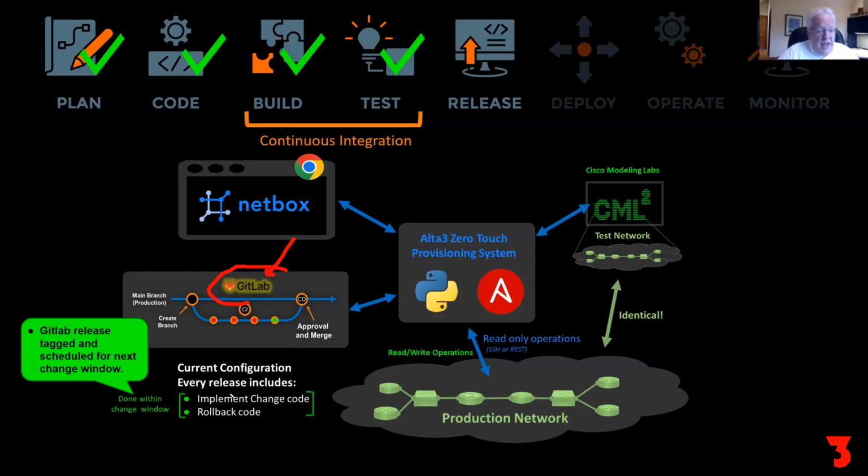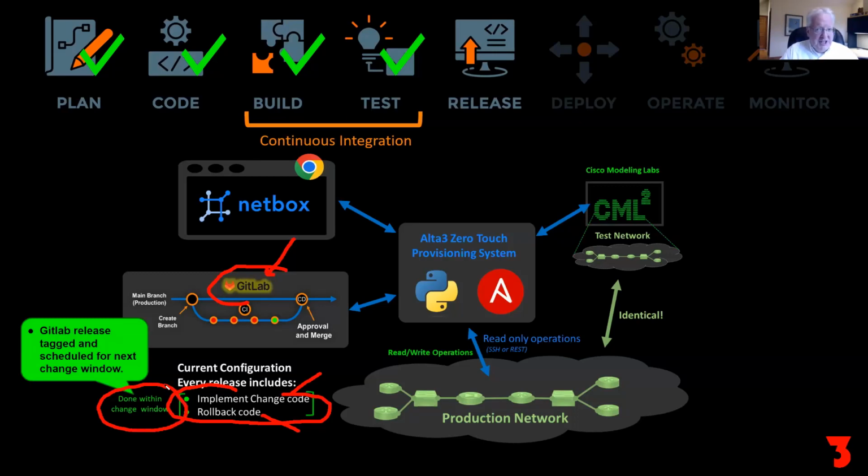So what I want to do now is say, look, I got past the testing and build phases. So I'm actually going to mark this release as an atomic change, which means whatever change code I have in here and whatever rollback code I have here is now marked and ready for deployment in the next change window.